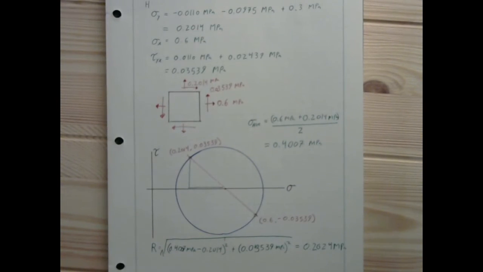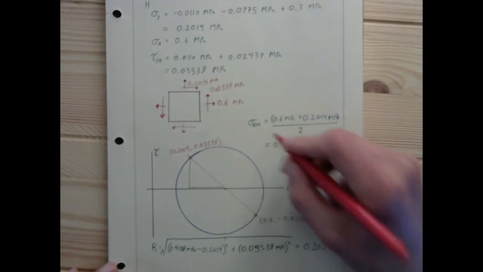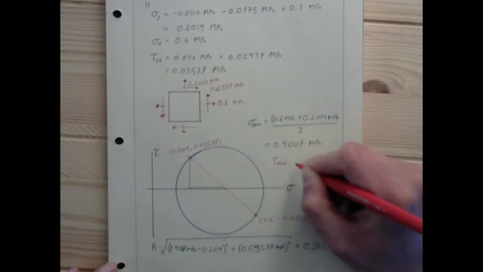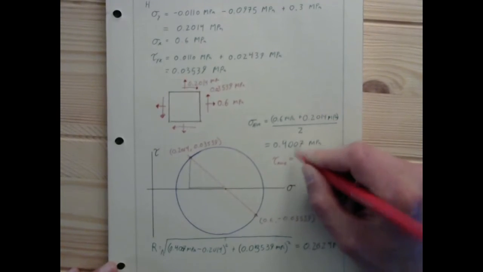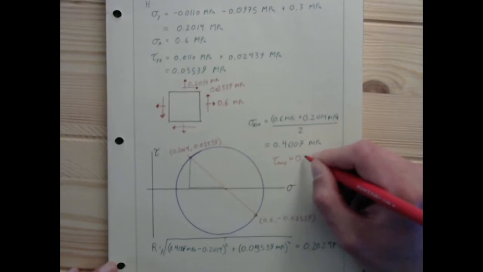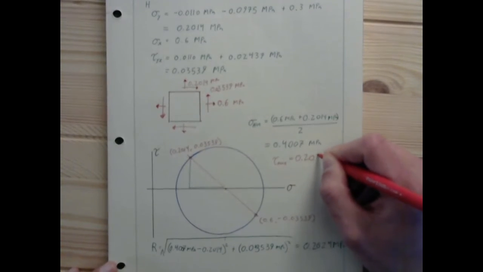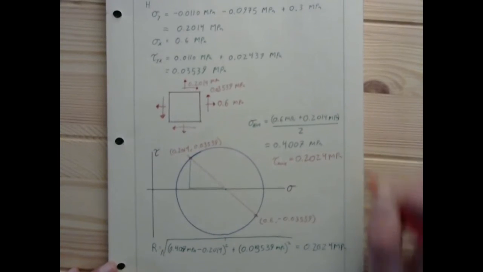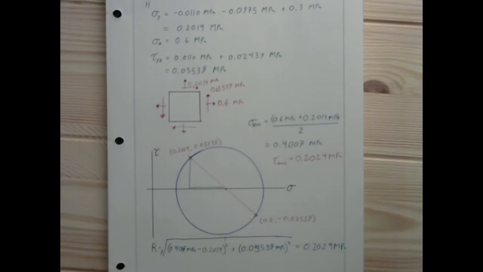So I'll do that in red. Our maximum in-plane shear is going to be 0.2024 megapascals.